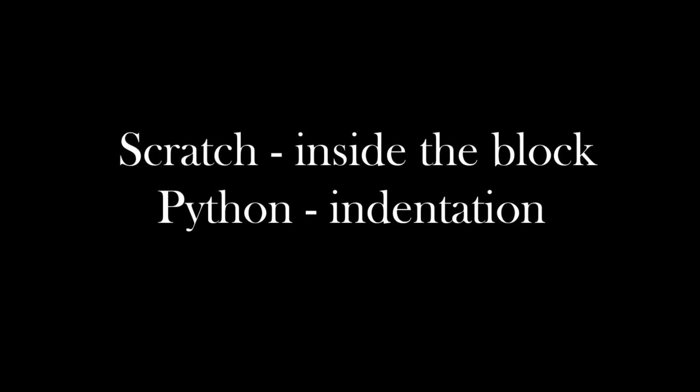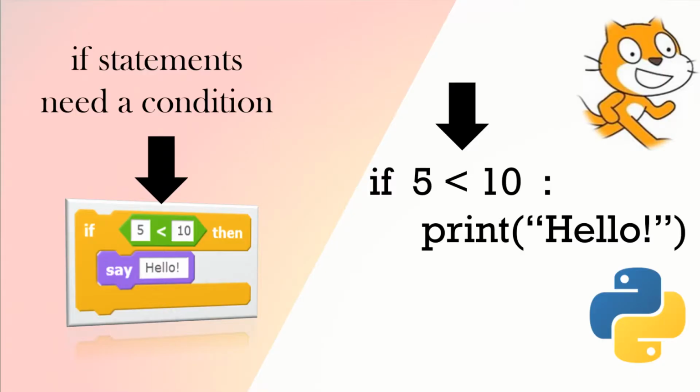So if we look at our Scratch blocks, you can see we use the if then, and inside that block we have the blocks that we want if that's true. In Python, you can see we have our if statement and we have our code, and the code after the if statement, because we don't have a block to put it in, we have this space, this indentation.